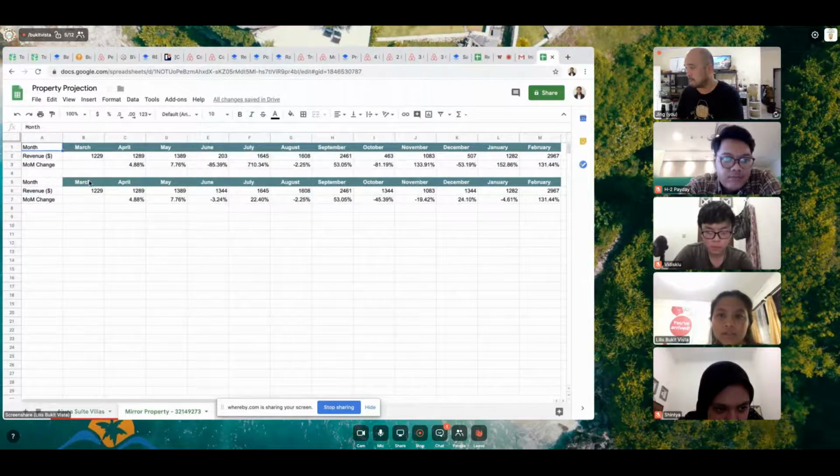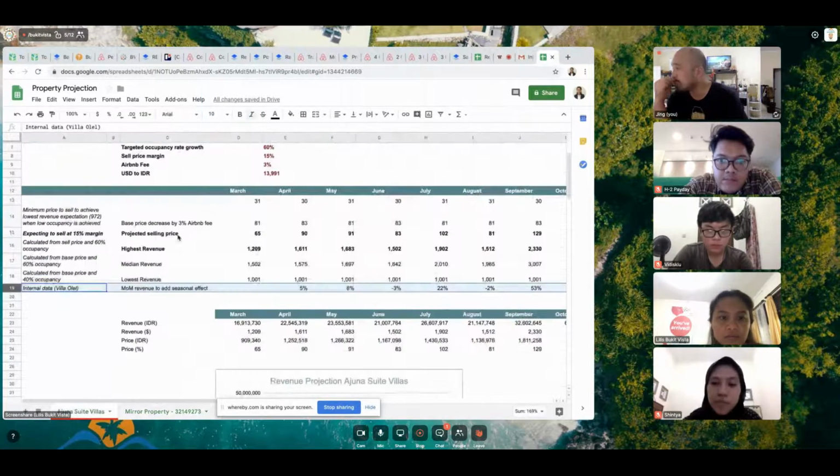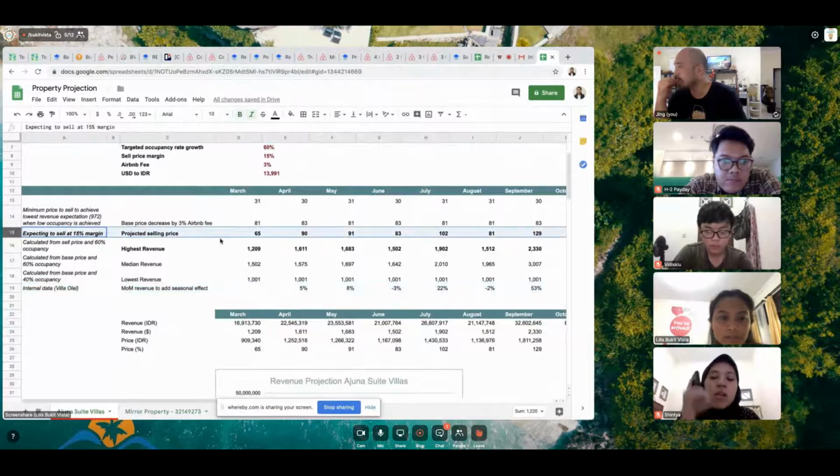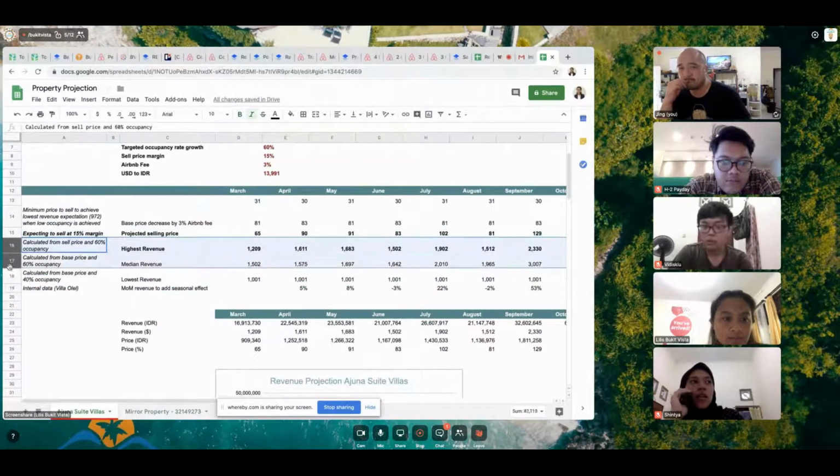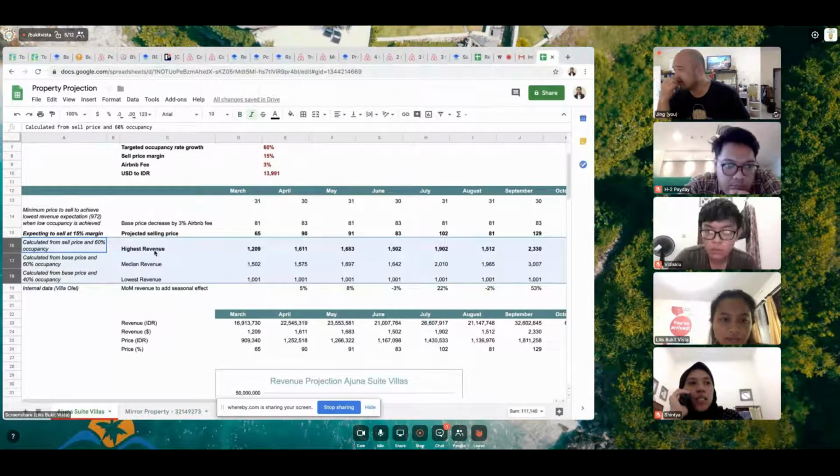I calculated it manually because we don't have direct access to this data. And then after getting the projected selling price, I calculate three kinds of revenue: the highest revenue, median, and lowest revenue.